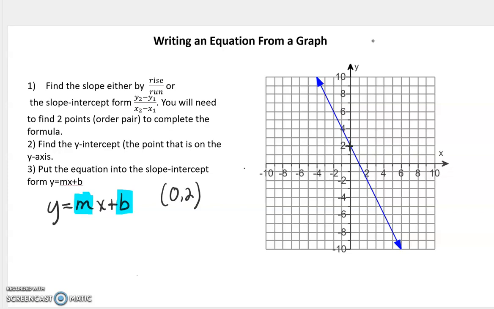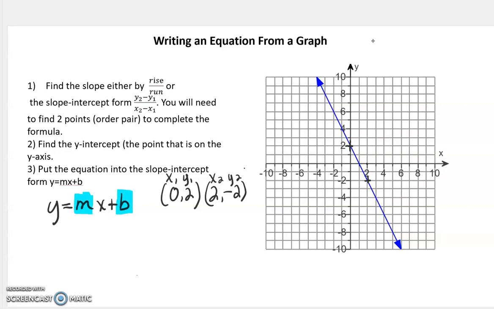So I'm looking down here, and I'm thinking this is another good one because it intersects at 2 and -2. So I'm going to write down 2, -2. So my first ordered pair, x1, y1, was 0, 2. And my second ordered pair, x2, y2, was 2, -2.